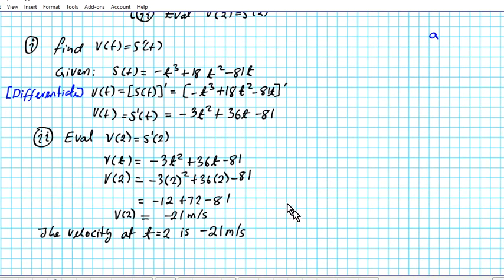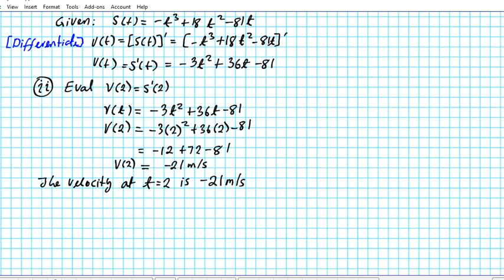Alright, so next we have to find the speed. Let's go ahead and find the speed, part C, at t equals 2. So I want to find the speed at t equals 2. Alright, so the formula for speed is as follows.